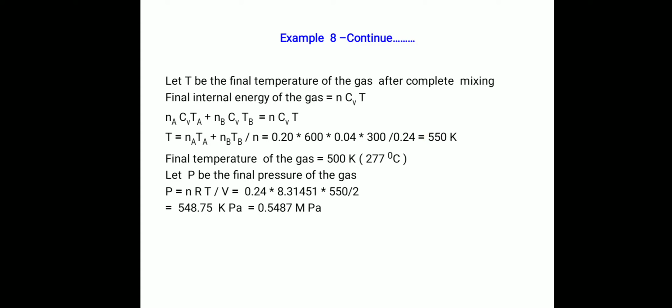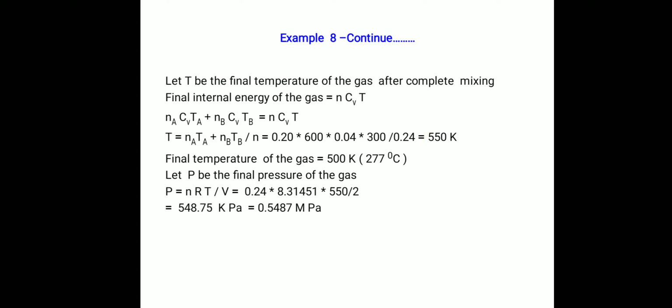And for calculation of P, we can use the ideal gas law again for the final pressure, PV equal to nRT. We know the temperature now, that is 550 Kelvin. Then we know the total moles, that is 0.24, which is the addition of 0.2 and 0.04.